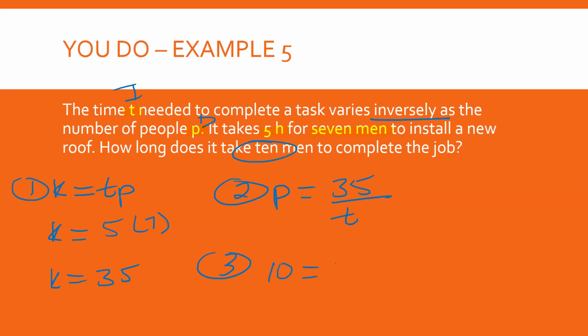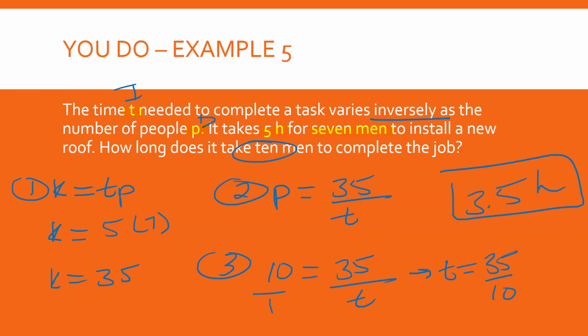Well, 10 equals 35 divided by T. This is a simple proportion. We cross multiply and divide, and we're left with 35 divided by 10, which is going to give us 3.5 hours. The more men helping build cuts down our time. Shocker. Who would have thunk it?